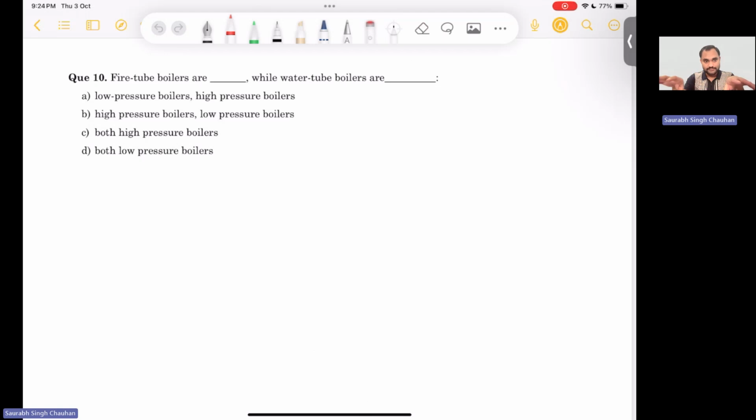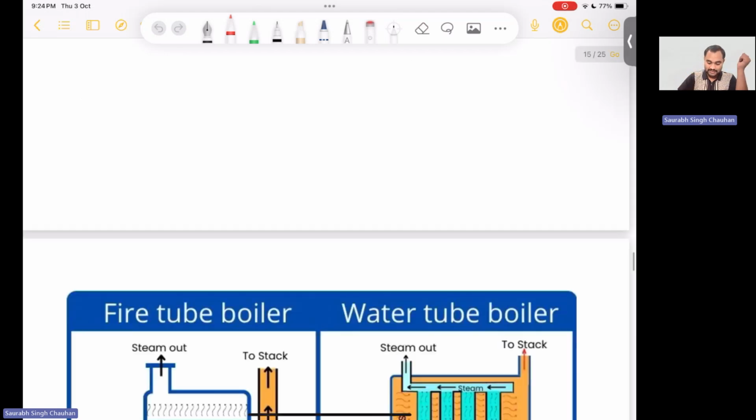There are some tubes. In the tube there can be either water or fire. So the boilers in which water is flowing inside the tubes, those boilers we call water tube boilers. And the boilers where the flue gases are flowing through the tubes, those types of boiler we call fire tube boilers.